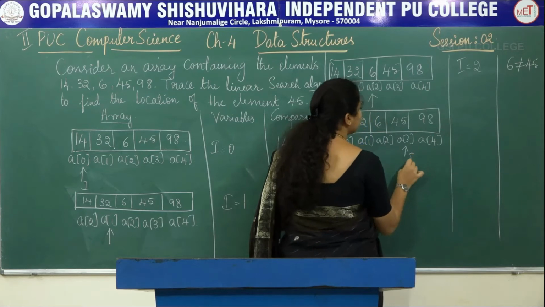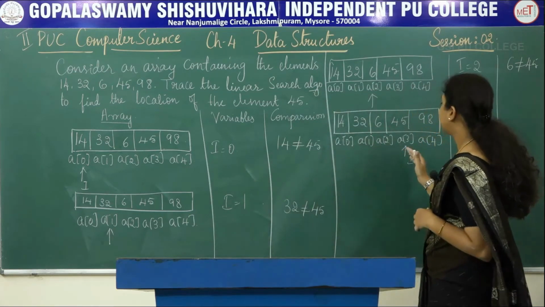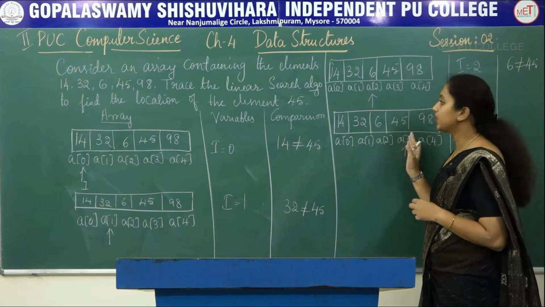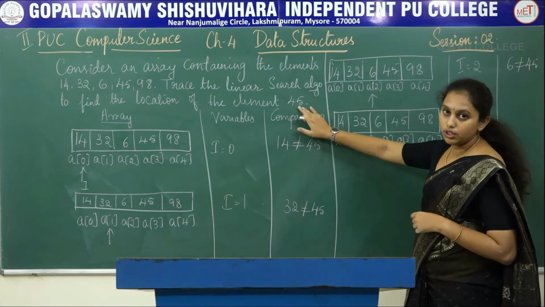Now I becomes 3. I am comparing A of 3, which is 45, with the search element. The search element value is 45.